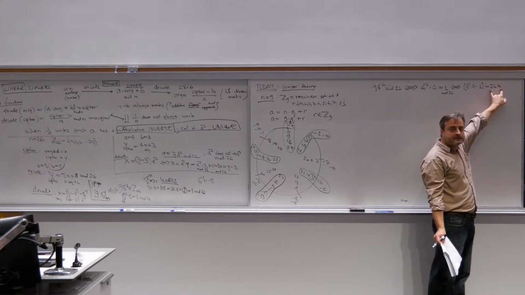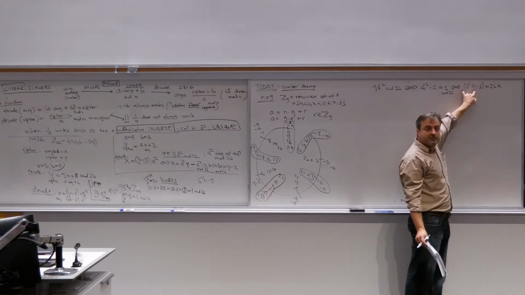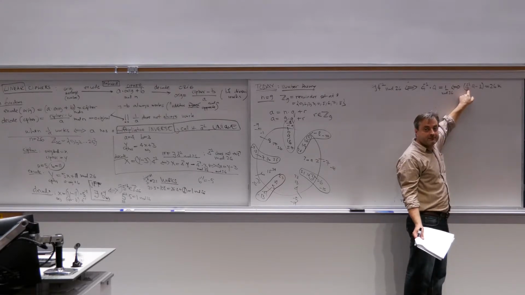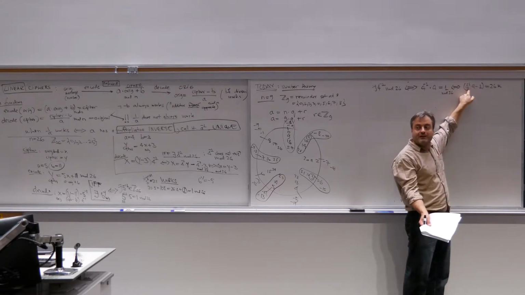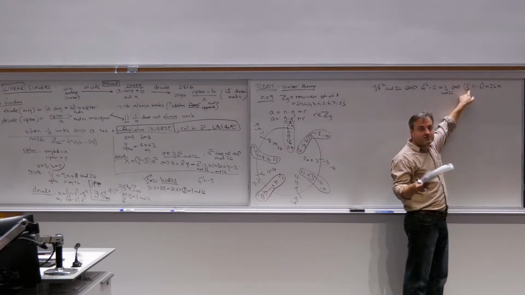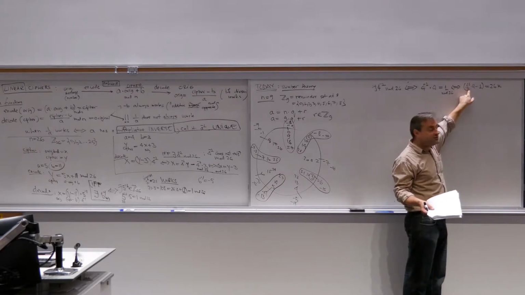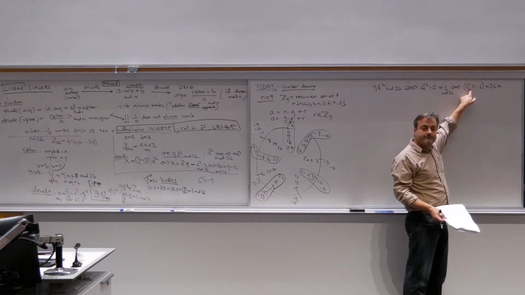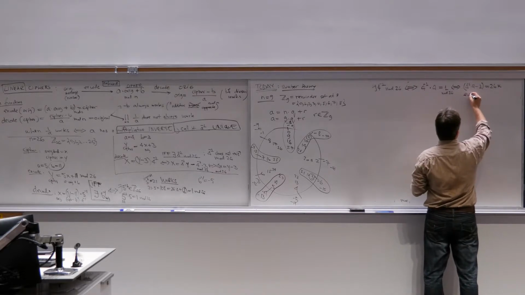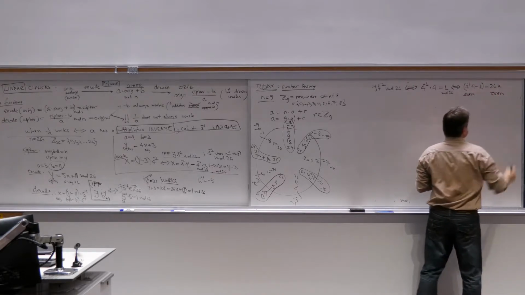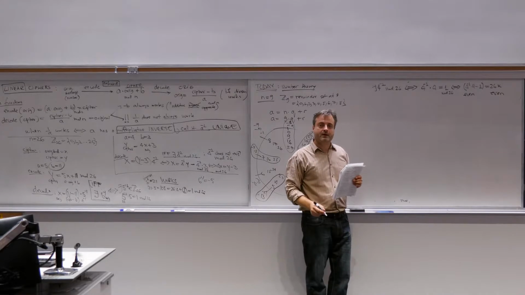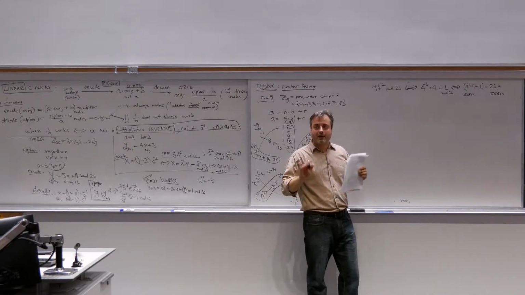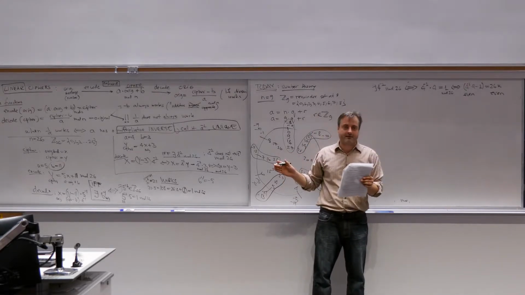Always. No matter what the k is, 26 times k is going to be an even number. 4 times something is also going to be even. Remember, 4 to the minus 1 has to be an integer. It's not 0.25. In here, there is no 0.25. This 4 to the minus 1 is an integer. So 4 times an integer, isn't that an even number? We all understand why 26 times something is even, I hope.